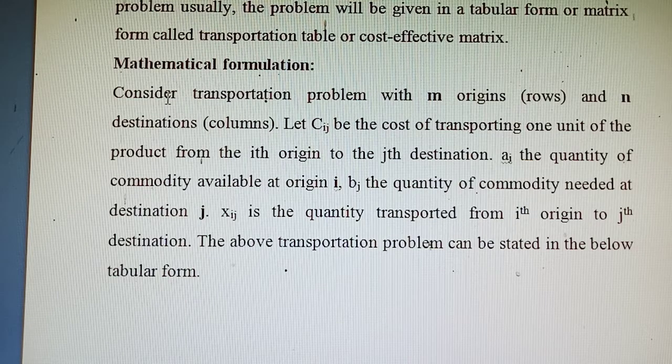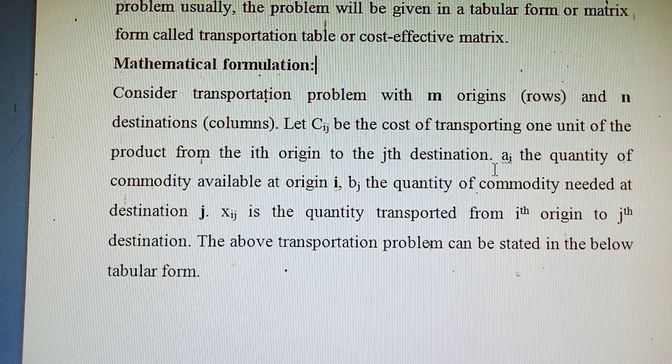Consider a transportation problem with m origins, rows, and n destinations, that is columns. Let Cij be the cost of transporting one unit of product or commodity from the ith origin to the jth destination.